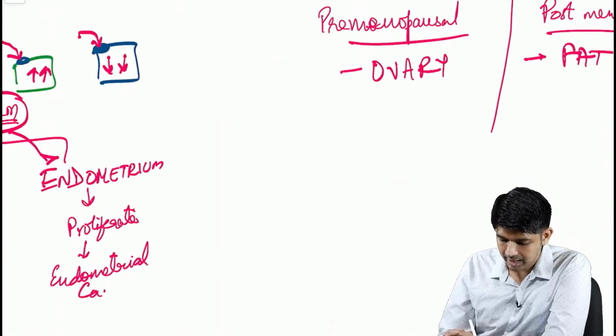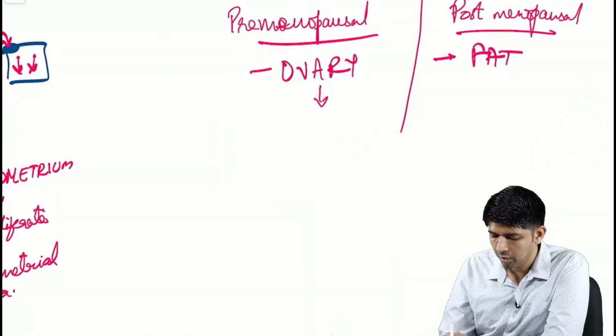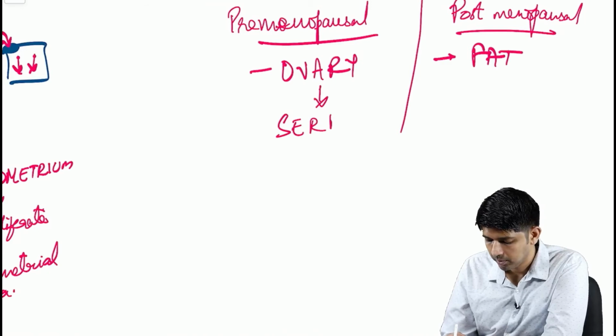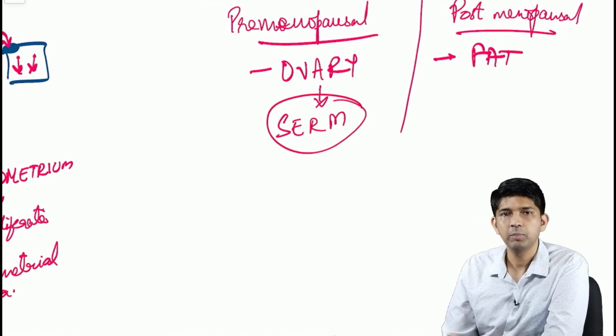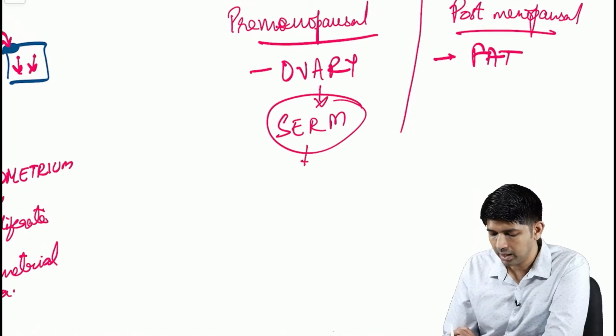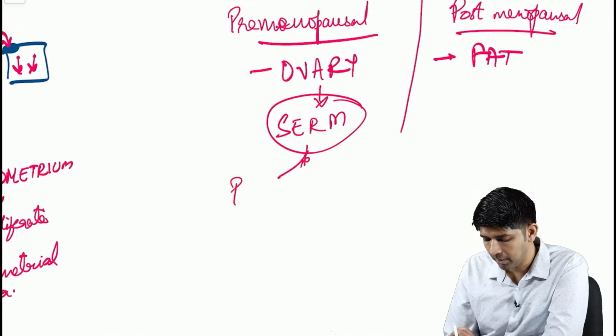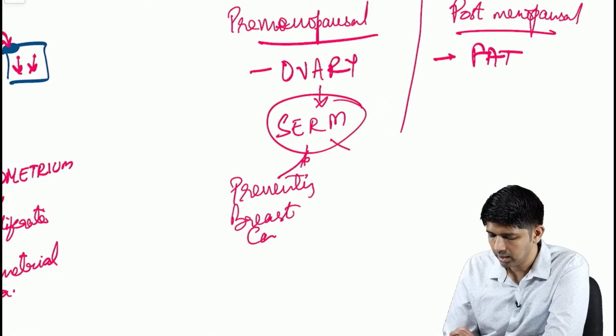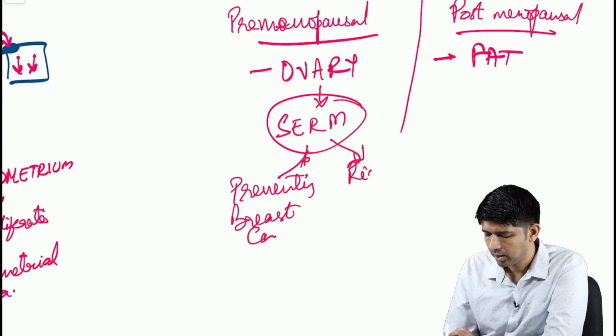So these SERMs will have a role in premenopausal, because there is a lot of estrogen being secreted by the ovary that acts on the breast. So you need to give this. The advantage is preventing breast cancer, but there is a risk of endometrial cancer.